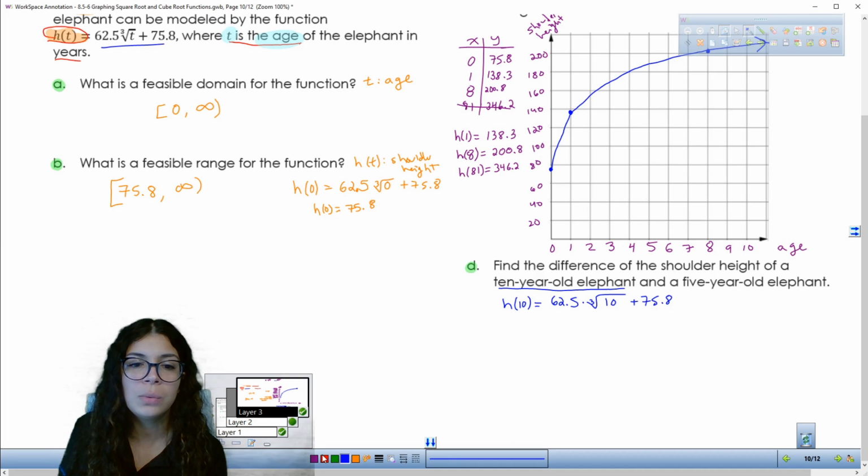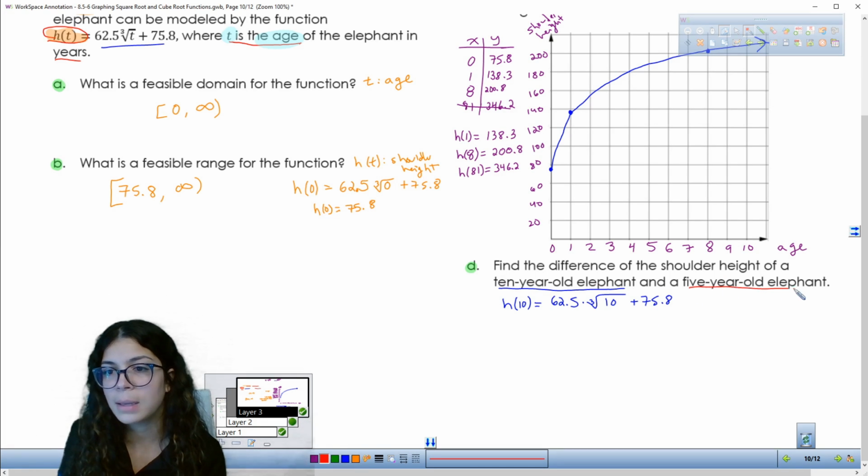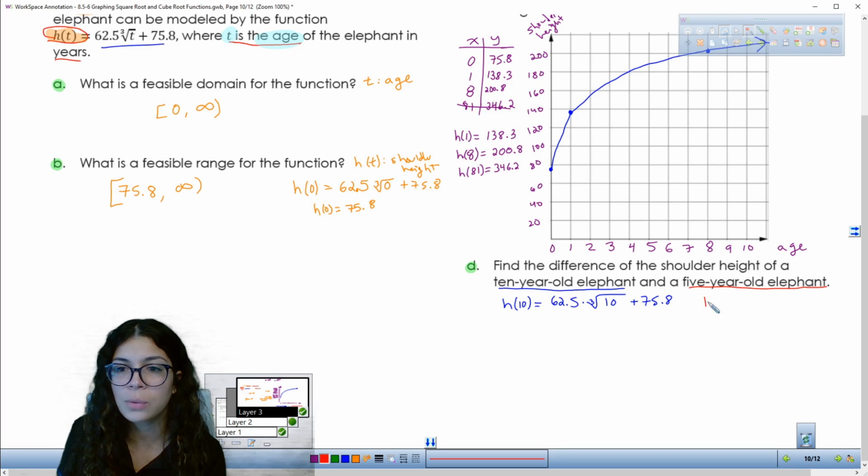And then I will need to do the same thing, except for a 5-year-old elephant. So the age here will be 5. And again, I'll just put it into my function for the shoulder height of an elephant, which is 62.5 times the cube root of 5 plus 75.8.